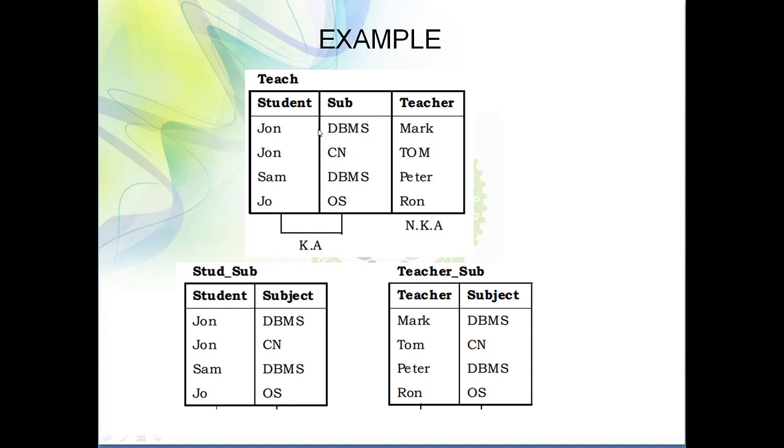These two are key attributes because the primary key is formed with the two, and teacher is a non-key attribute. Suppose I know the value of teacher, can I easily identify the value of subject? Yes. Suppose I say Mark, we can say DBMS. Yes, you can say that. If you know the value of teacher, you can easily tell the subject of that particular teacher. That means here one non-key attribute is able to find the value of subject.